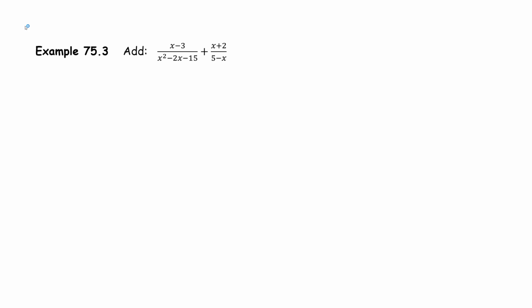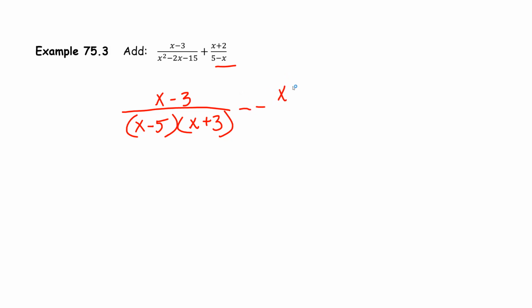Okay, here's one more. We have a factorable denominator in this first fraction again. So to factor that, you're going to have x minus 5, x plus 3, and then over here you have 5 minus x for the denominator here. That's the opposite of x minus 5, and so I'm going to just go ahead and change this to minus the opposite of this fraction.